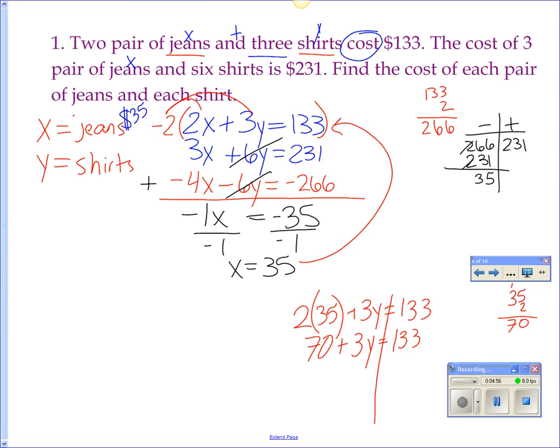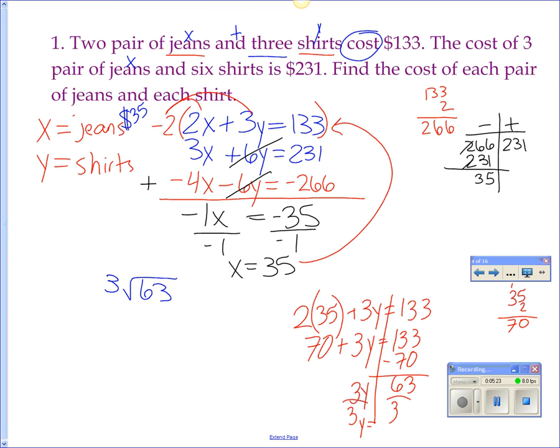Okay. All right, what number moves to the other side? So that's going to be 133 minus 70, which is 63. And divide by 3. Okay, again, 3 into 63. Some people are still having trouble with long division, which I know it can be tricky, but 3 goes into 6.